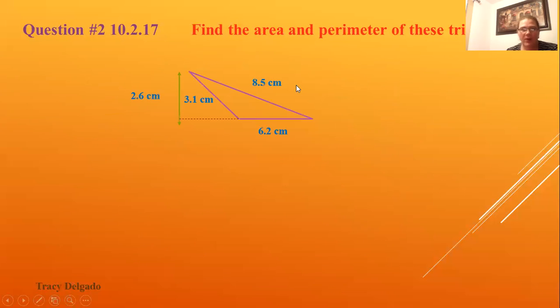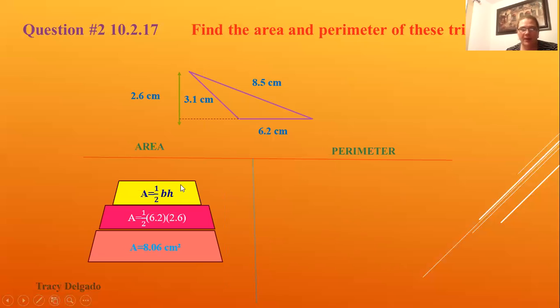And we have one more here. We have 2.6 centimeters. That's how tall our triangle is. We have 3.1, 8.5, and 6.2. And again, I have my chart here, area and perimeter. The area is 1/2 times base times height. In this case, it's going to be area equals 1/2 times 6.2 times 2.6.